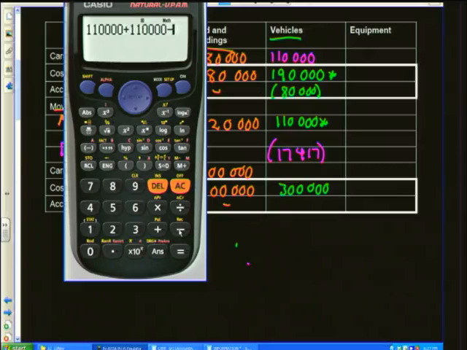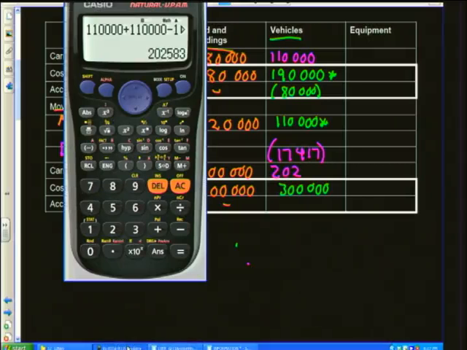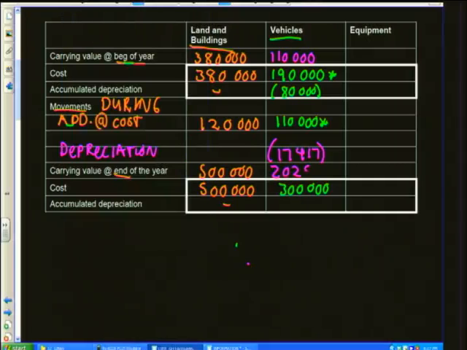I'm going to subtract the additional depreciation that we've just calculated, 17,417, and at the end of the year my vehicles are worth 202,583.